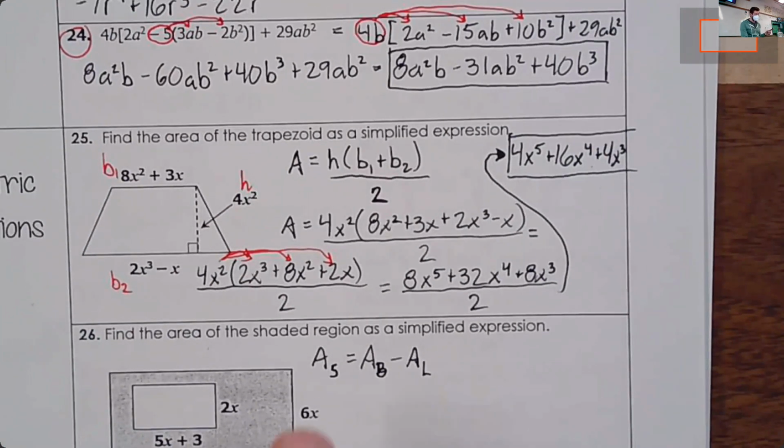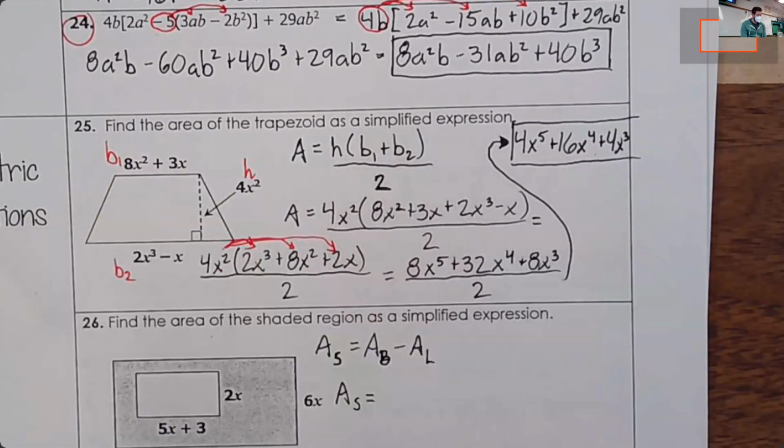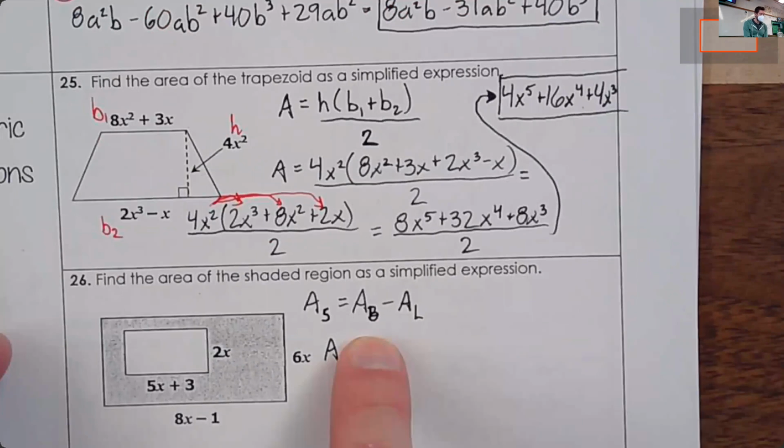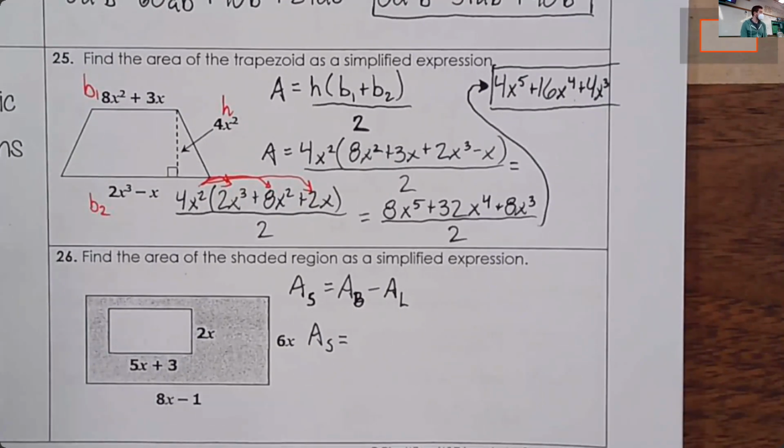So the area of the shaded is going to equal the area of the big rectangle. What's the area of the big rectangle going to equal? How do you find the area of a rectangle?